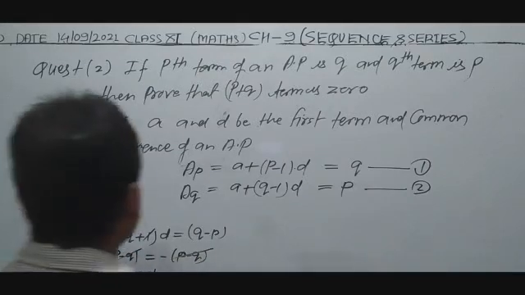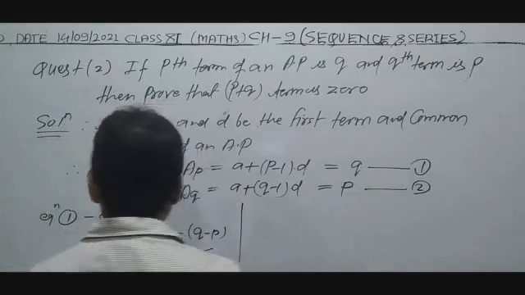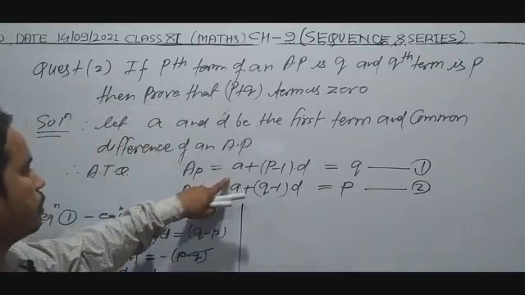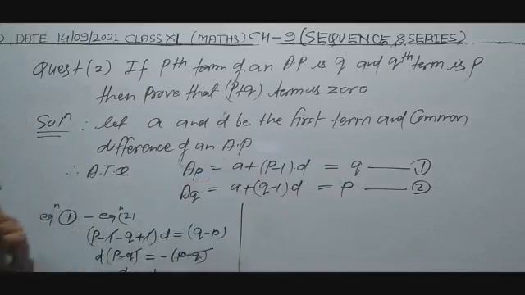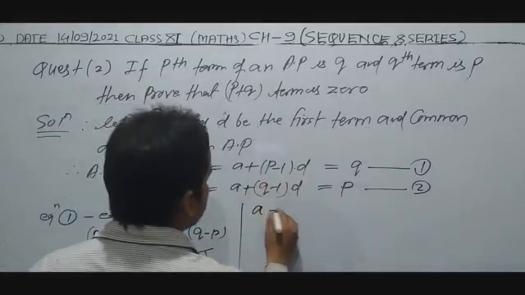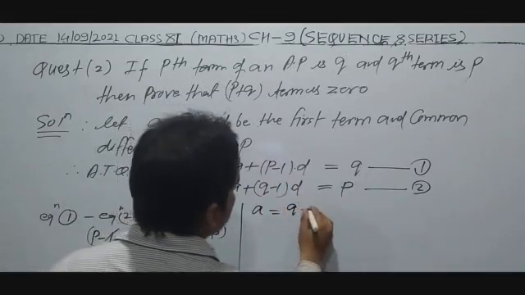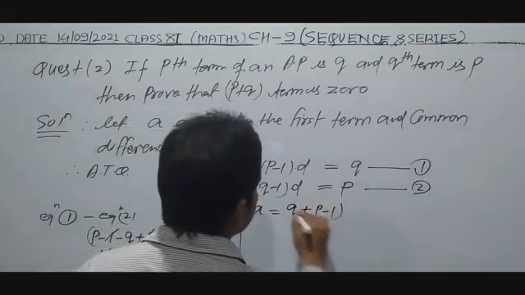Now when you put D is equal to minus 1 in this equation, you can get the value of A. So D is equal to minus 1, you will get A is equal to Q plus P minus 1.